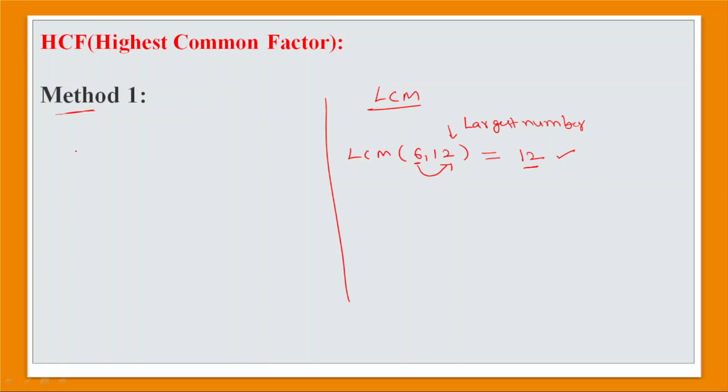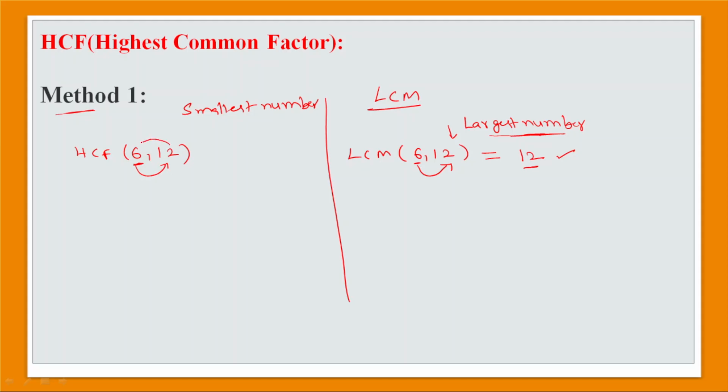Similarly for the HCF concept, HCF of 6 comma 12. In the LCM concept, you directly go for the largest number, whereas in the case of the HCF concept, you need to look for the smallest number. Here the smallest number is 6. You need to look whether this 6 is a factor of 12 or not.